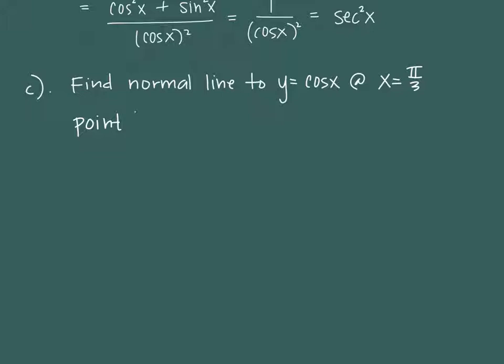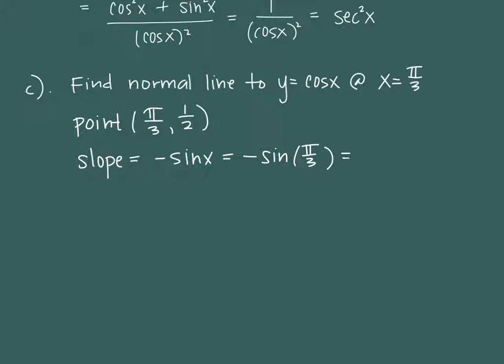So my point is going to be pi thirds, and then whatever pi thirds is plugged into cosine, which is half. The slope is going to be the derivative of cosine, which is negative sine of x, which is the negative sine of pi thirds, which is negative rad 3 over 2.